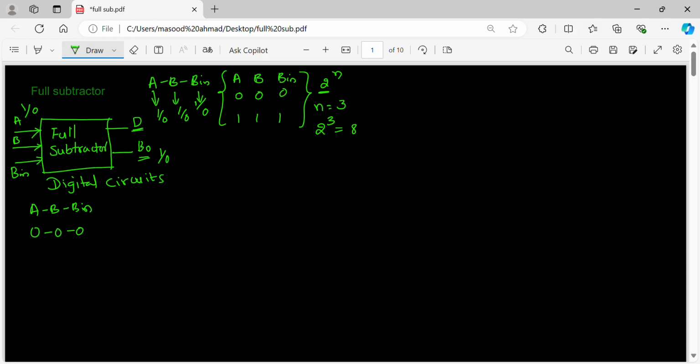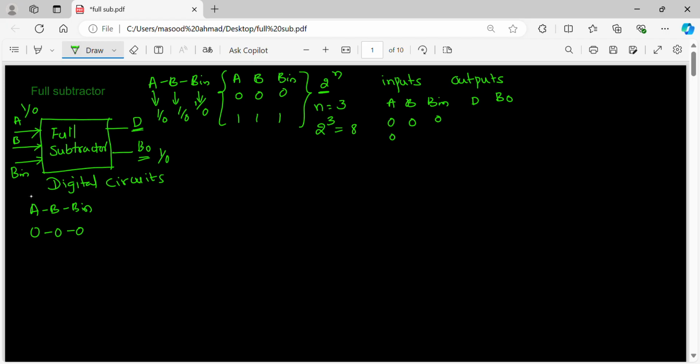What are the inputs I have? Inputs are A, B, B in. What about the outputs? The outputs are difference D and borrow out.